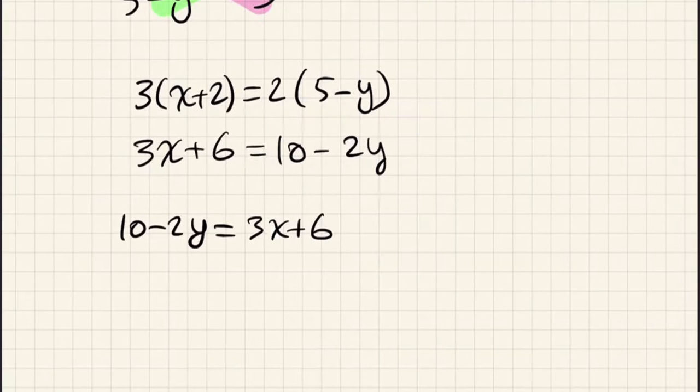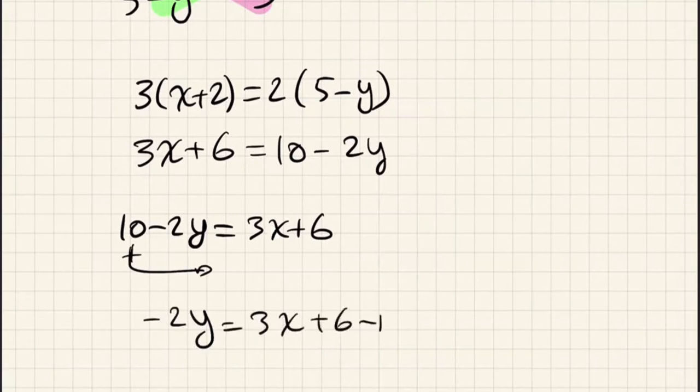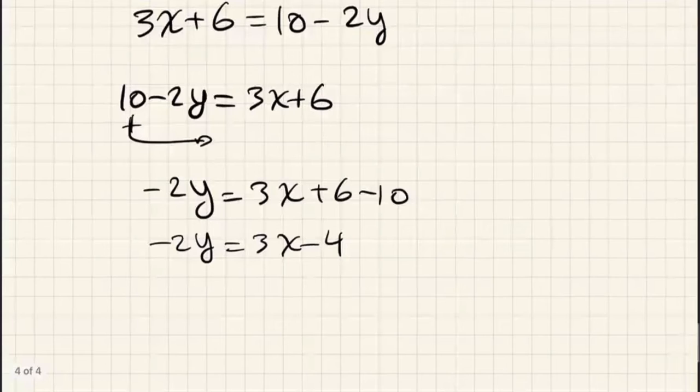Now I have to shift the 10 to the other side, so it becomes negative 10. So negative 2y equals 3x plus 6 minus 10. So negative 2y equals 3x minus 4. Then divide by negative 2 to get rid of the negative 2.